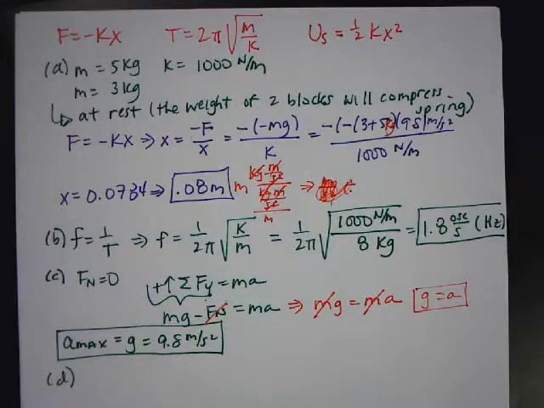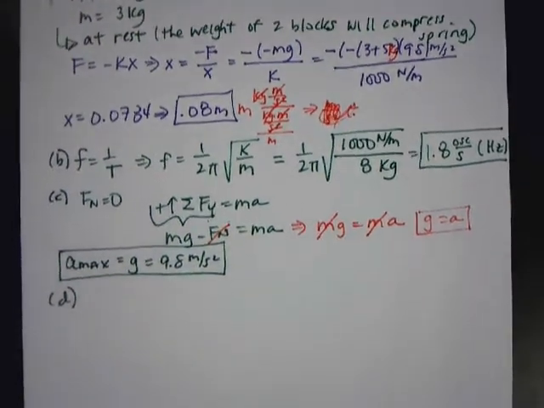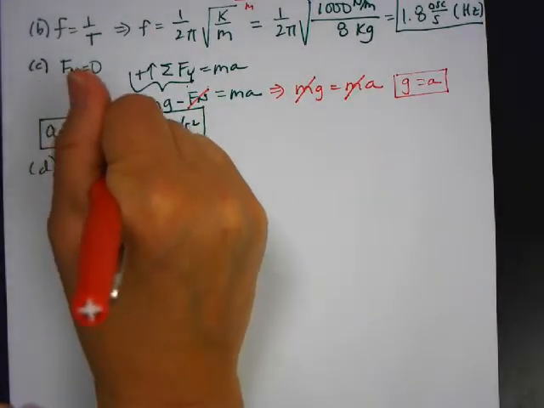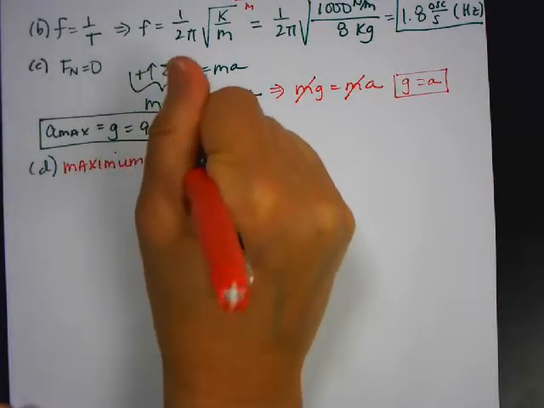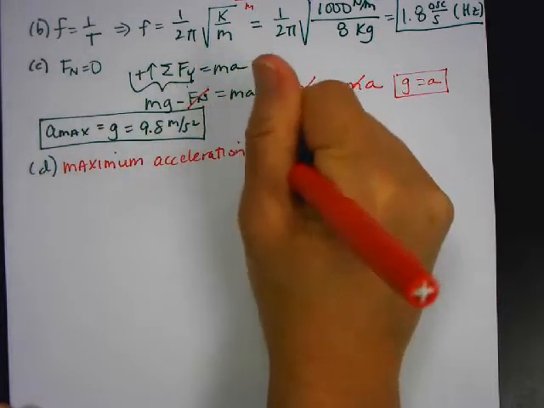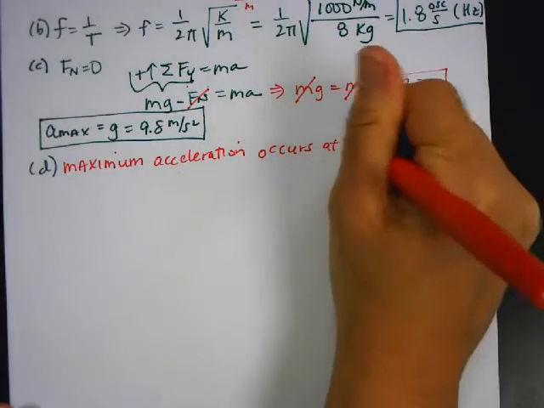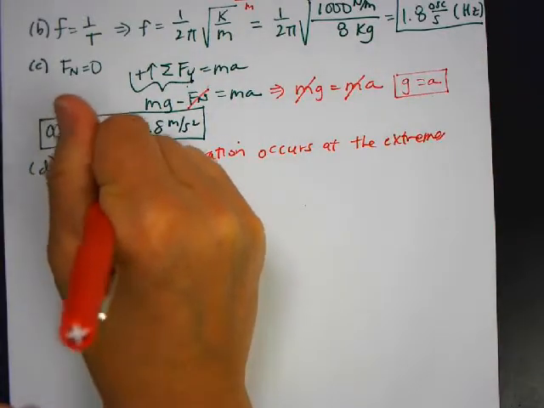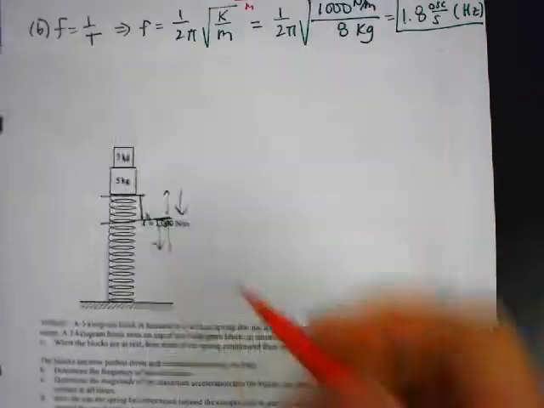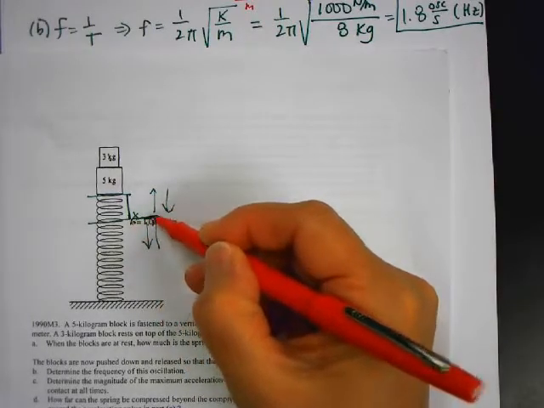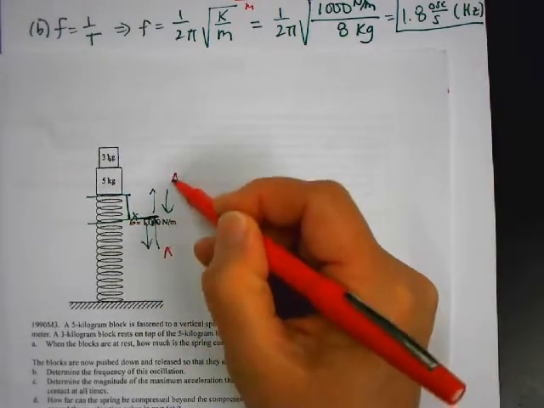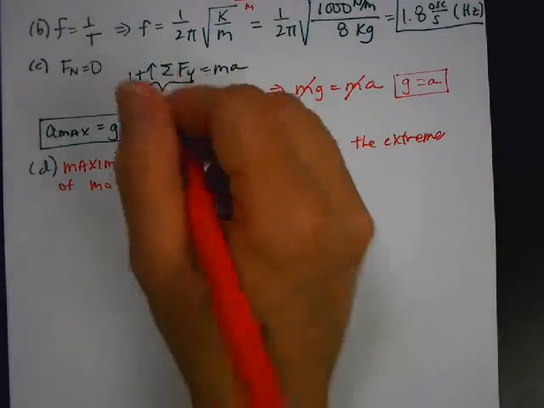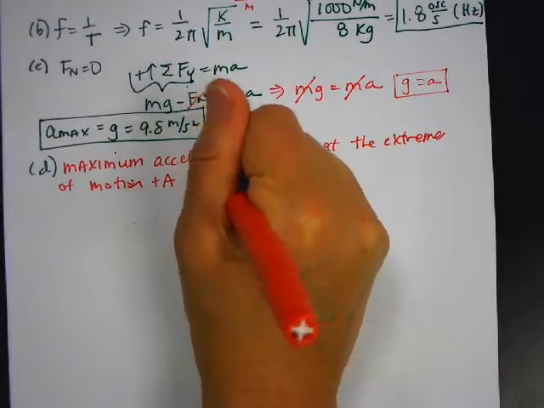So the key to this part is that the maximum acceleration occurs at the extremes of motion. When you think about it, this was pushed down, this is my new equilibrium, and it's going to go back and forth, so the extremes are just going to be the amplitude from the equilibrium, the positive and the negative.